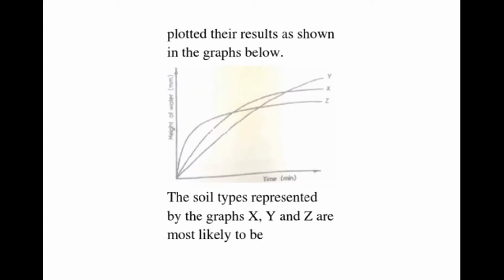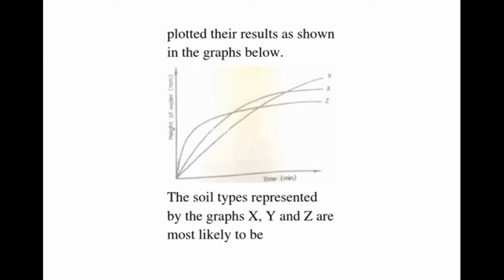They plotted their results as shown in the graphs below. We have height of the water in millimeters, time. Then we have the graph there. The soil types represented by the graphs X, Y, and Z are most likely to be.